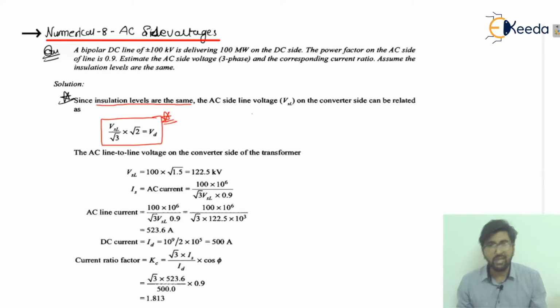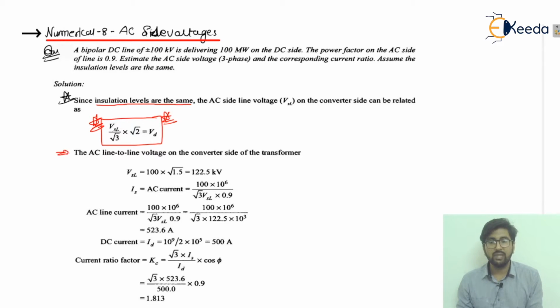So the AC side line voltage, VSL, on the converter side can be written in this form, where VD is the DC side voltage. So it is VSL upon root 3, root 2, that is the peak value we need, and it is equal to VD. As you have to find VSL, just rearrange and calculate the value.